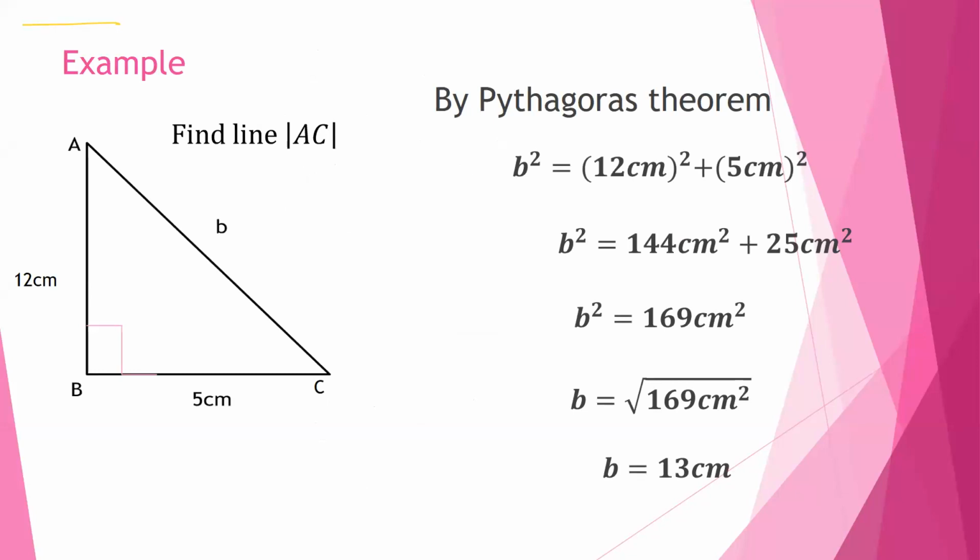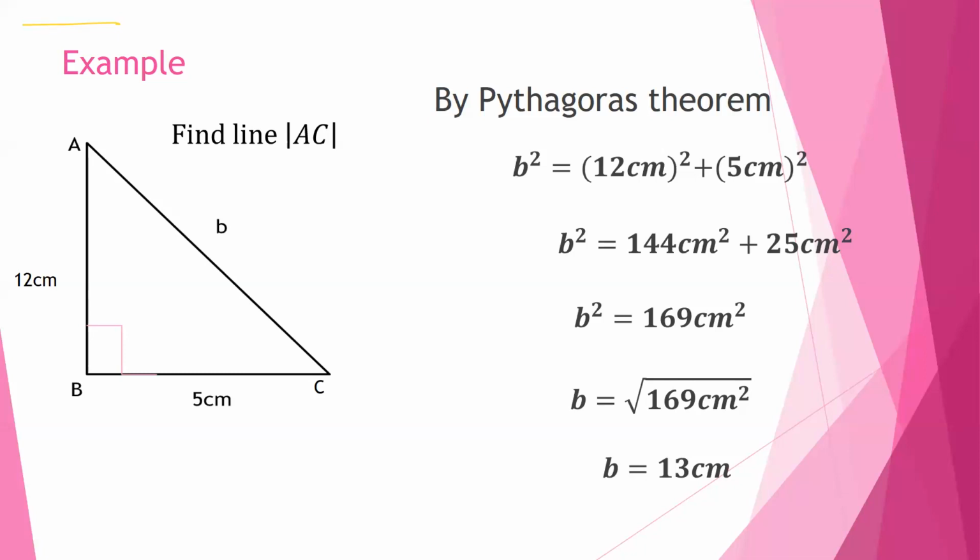On the 4th step, realize that it is B is equal to the square root of 169 centimeters squared, and I'm asking, is the B supposed to lose its square or not at that stage?